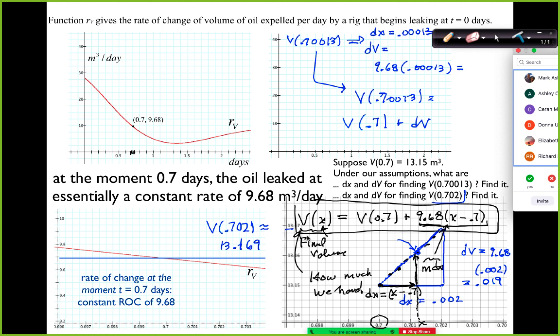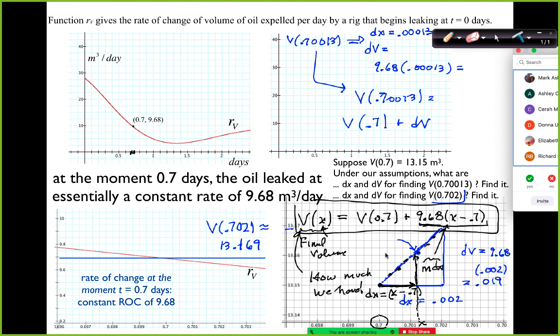To use this, we'd have to do it every single moment, and I don't know how big these moments are, but there's thousands of them, right? So we need a new approach, right? So this is a great start. It really tests our understanding of the building blocks of accumulation from rate of change, but it's not going to be an efficient way to proceed.